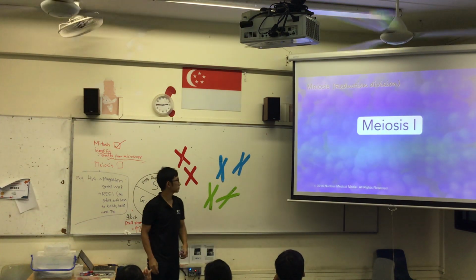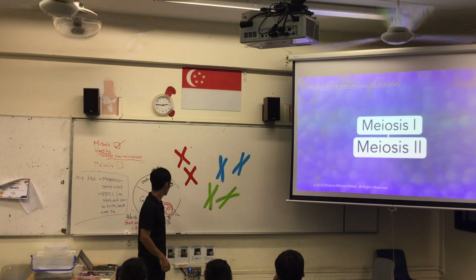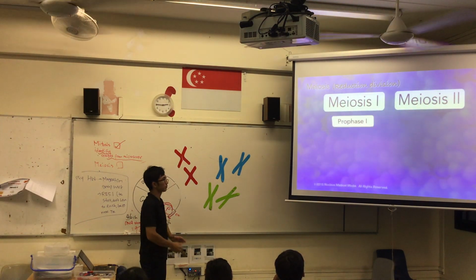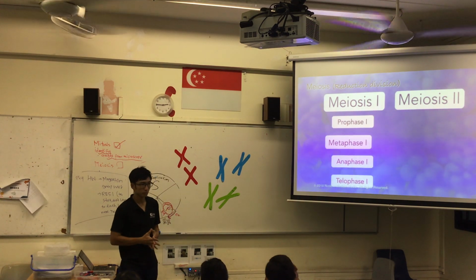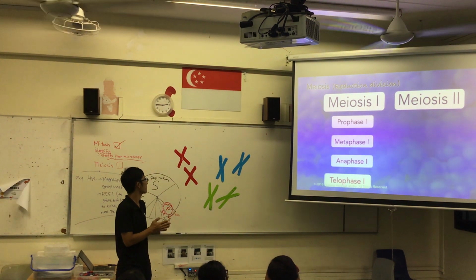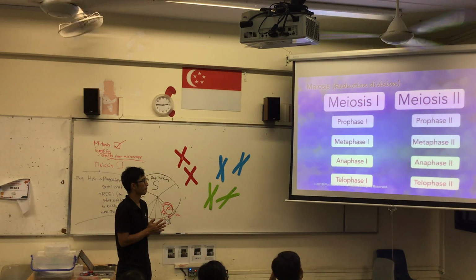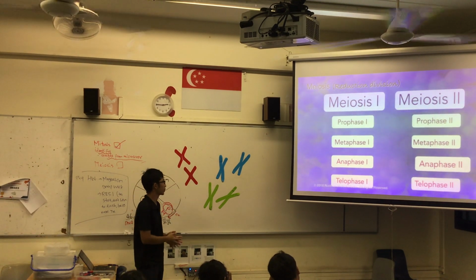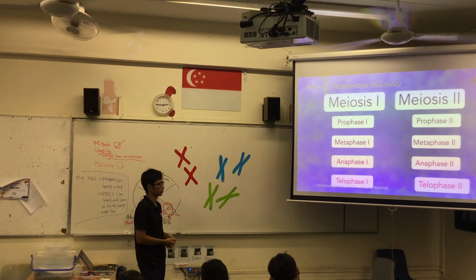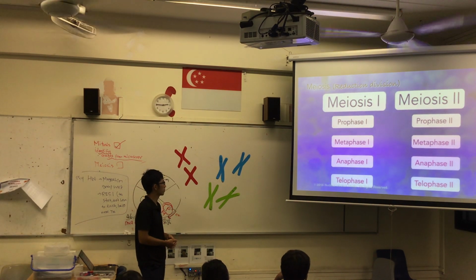Meiosis is broken down into two stages of cell division, called meiosis 1 and meiosis 2. Meiosis 1 has 4 phases: prophase 1, metaphase 1, anaphase 1, and telophase 1. And meiosis 2 also has 4 phases: prophase 2, metaphase 2, anaphase 2, and telophase 2. Let's look at what happens during meiosis 1.